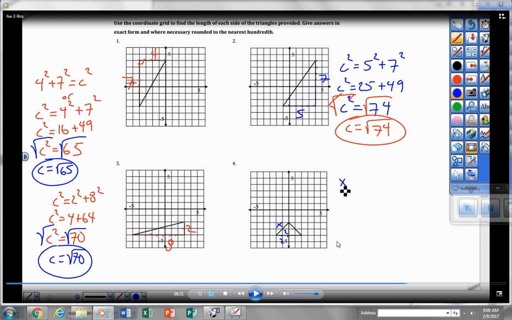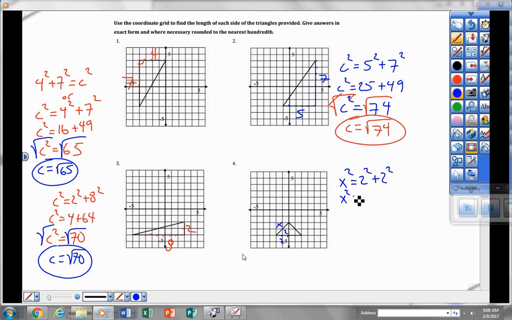So this setup gives me x squared equals 2 squared plus 2 squared. That is x squared equals 4 plus 4, which is x squared equals 8. Square root both sides. That gives me one that can be broken down.